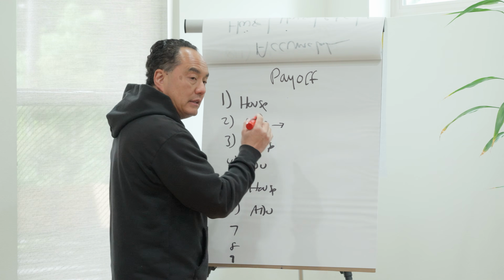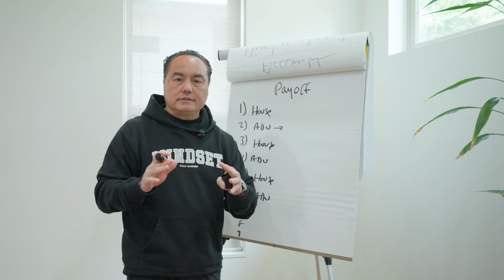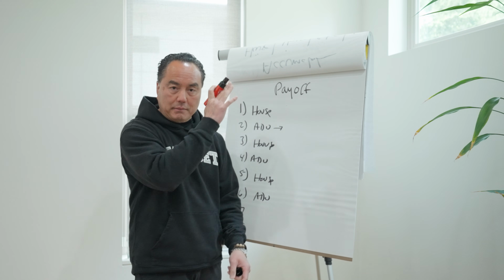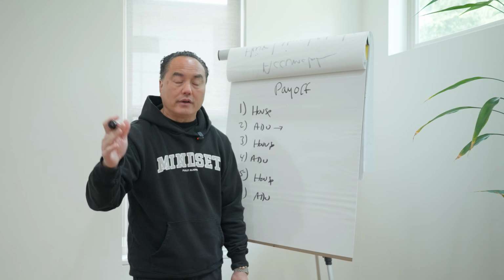I will start making double payments. I don't know if you know this. Let's say your monthly payment is $2,000. Every month you make a monthly payment, $2,000 principal and interest, $2,000, $2,000, $2,000.